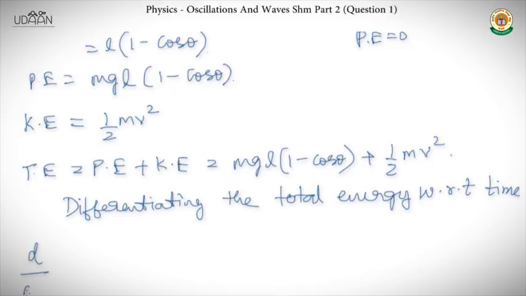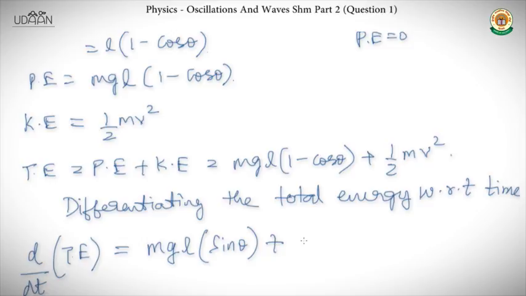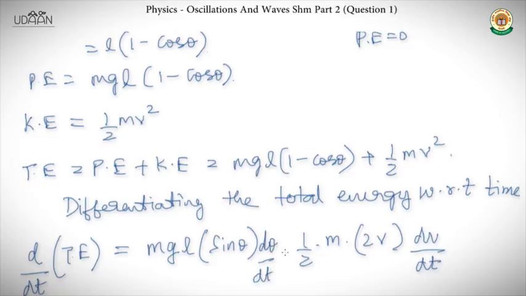So d by dt of total energy is equal to, m and g are constant, so mg, and L is also constant, L, and the derivative of cos theta is minus sin theta, so the inner terms become sin theta, plus half into m into 2v and then dv by dt. Here you have d theta by dt, and then there is d theta by dt.